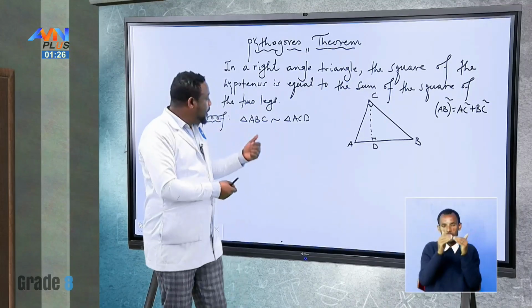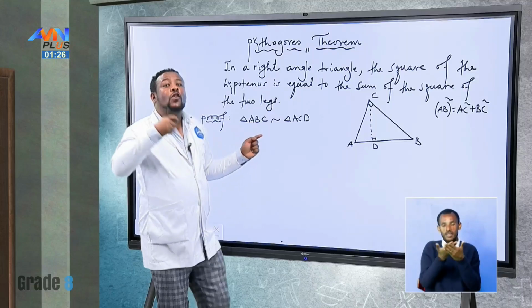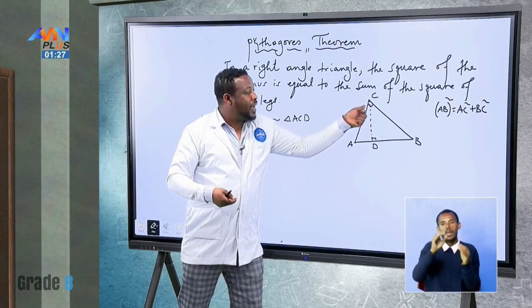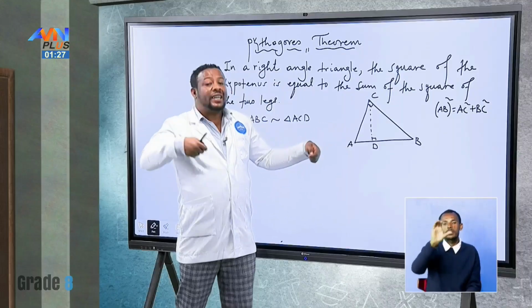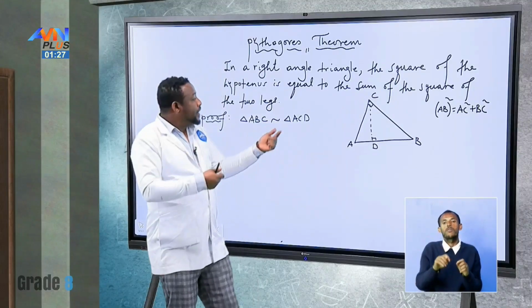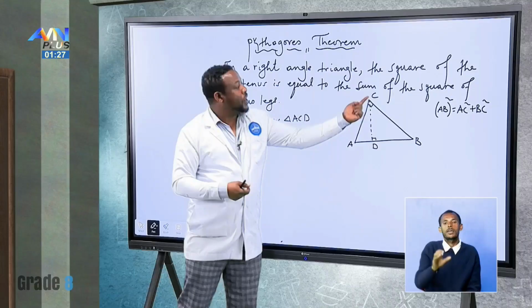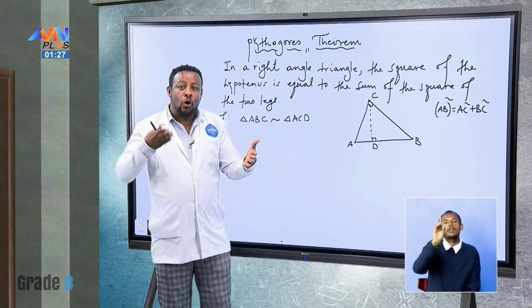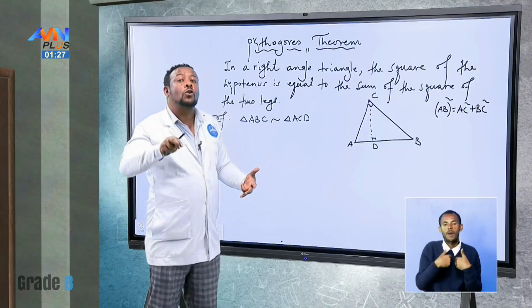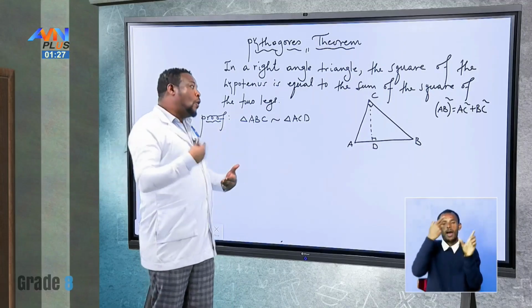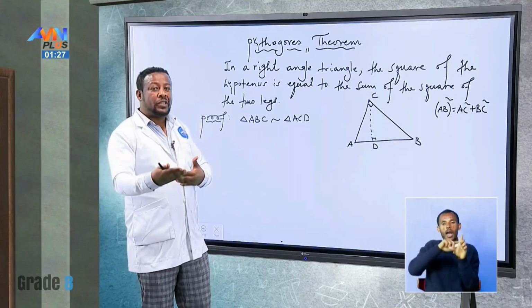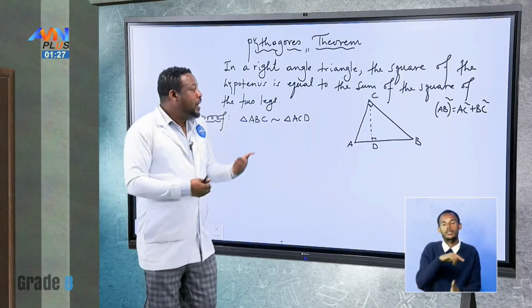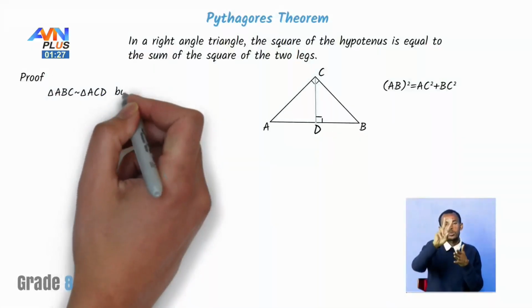The other thing, triangle ABC forms 90 degrees at C, and ACD is also a right triangle forming 90 degrees at D. So they have another congruent angle. Based on angle-angle similarity, these two triangles are similar.